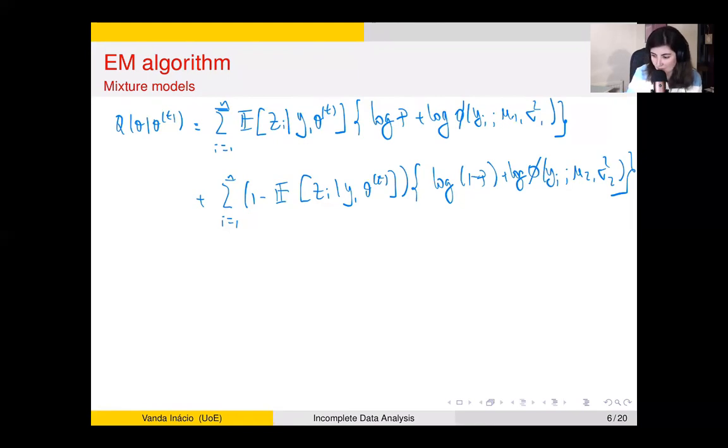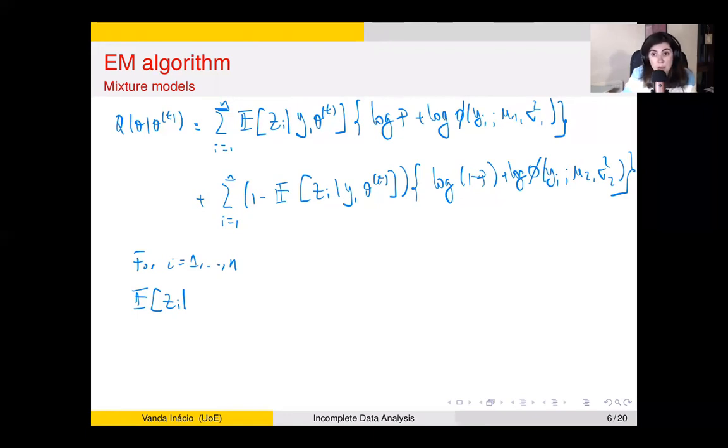So I know that first, conditioning on all of the y's for Zi is irrelevant. The only value that I need to condition on is yi, right? Because Zi will be 1 if yi comes from the first component and 0 if yi comes from the second component.